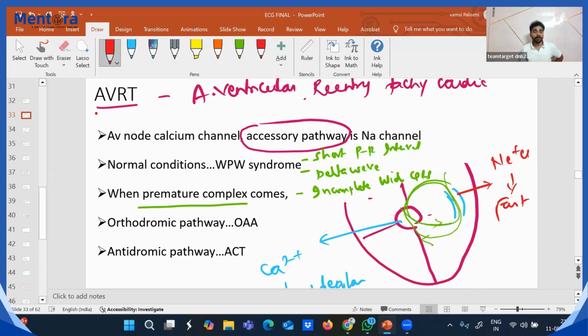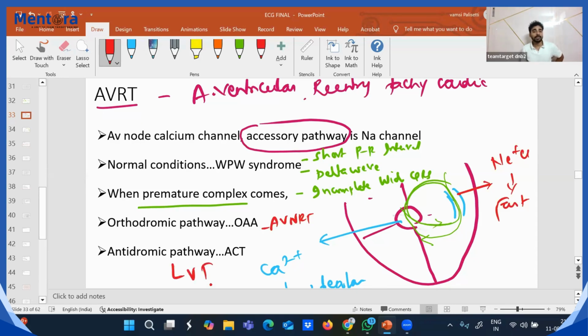Right? Now, when a premature complex comes, how this complex enters from the atria to the ventricle decides the scene. If this complex enters from atria to ventricle through the AV nodal pathway, that is called orthodromic, and it exactly resembles AVNRT. You cannot differentiate these. If the premature complex reaches from atria to ventricle through the accessory pathway, you will have a wide QRS.